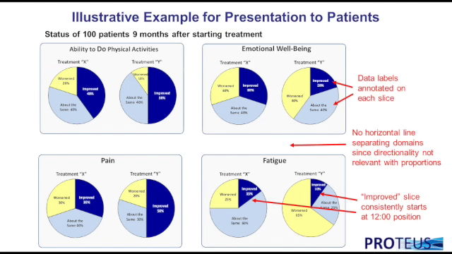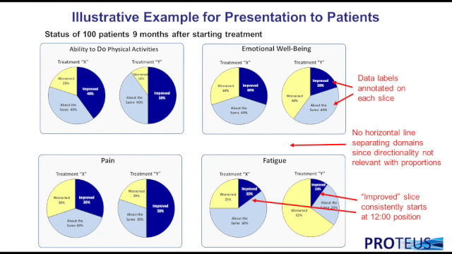This slide shows example pie charts designed for patients, highlighting some specific attributes to aid interpretation of the display. Each pie slice is labeled directly with a specific percentage and whether improvement, no change, or worsening is represented by the slice, thus negating the need for a legend.